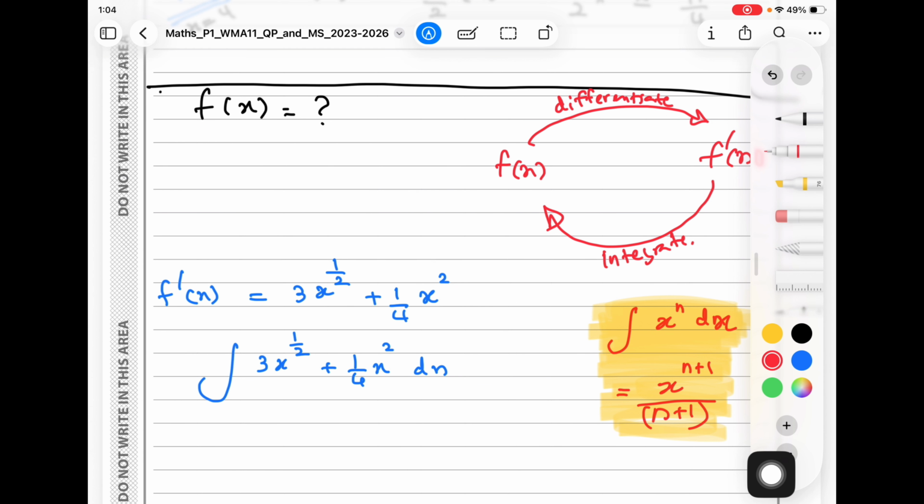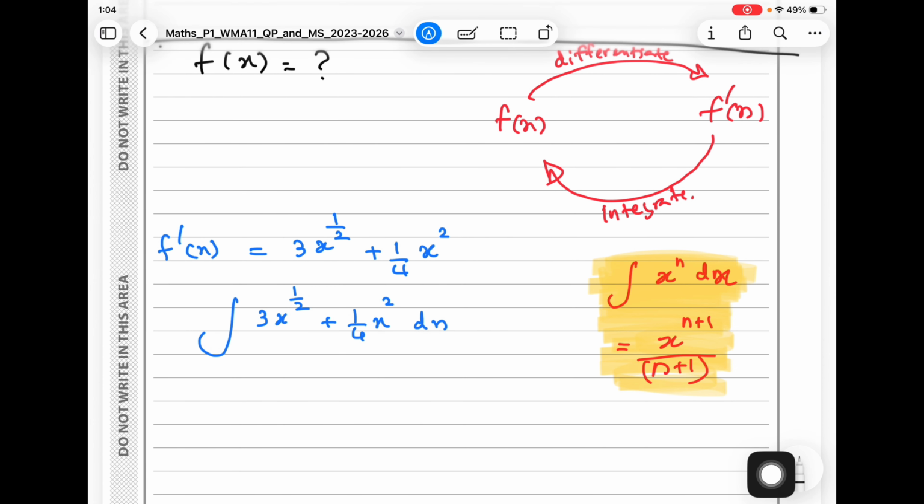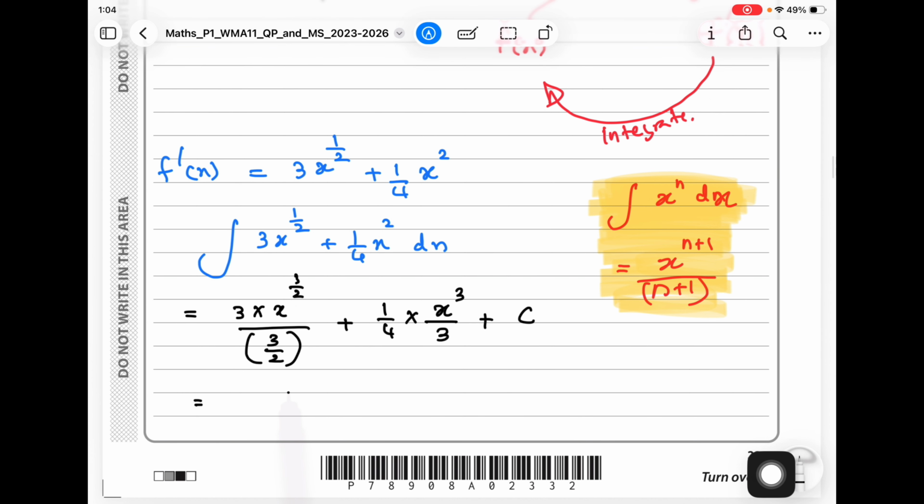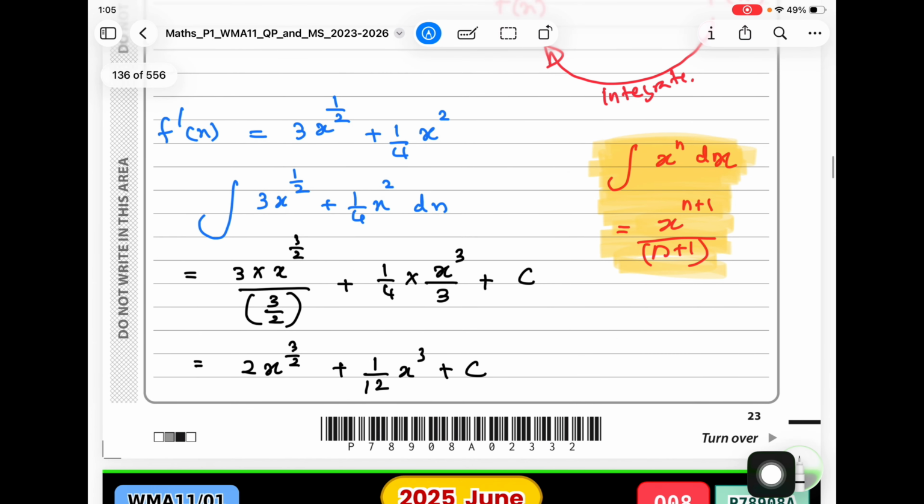So we apply that to these values. The answer is going to be 3 times x^(3/2) divided by 3/2, plus 1/4 times x³ divided by 3, plus c. So what you have is 2x^(3/2) + 1/12 x³ + c. So this is f(x).